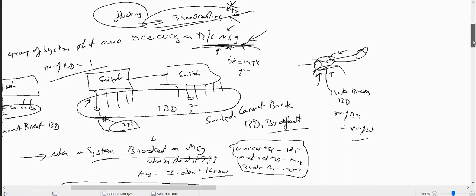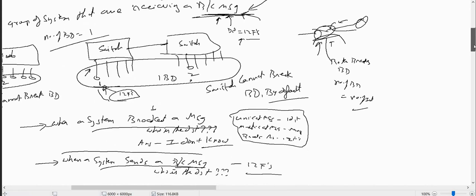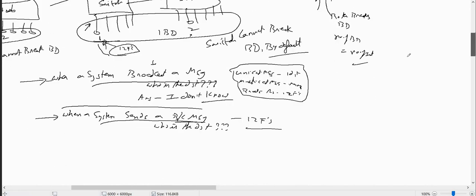All right. So now we get to this other thing called collision domain. What is this? Here is the definition of a collision domain.